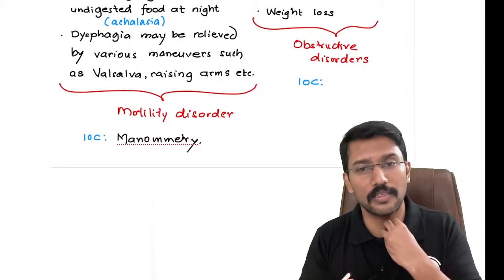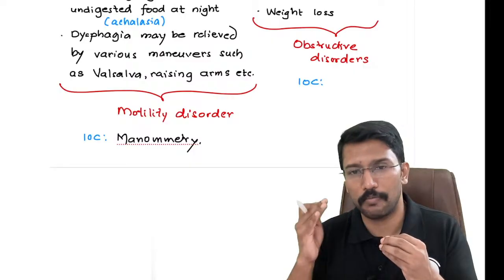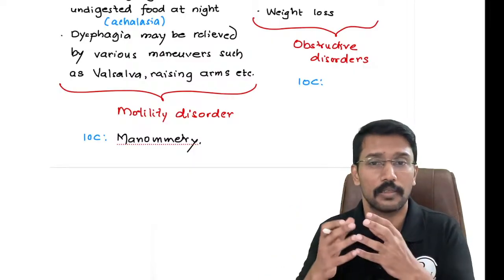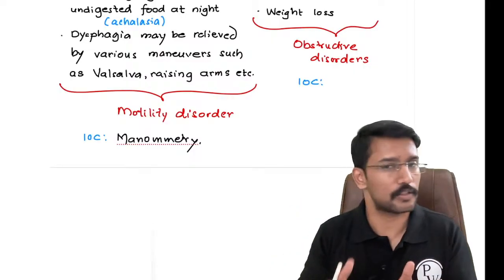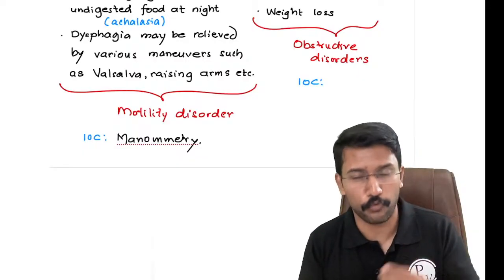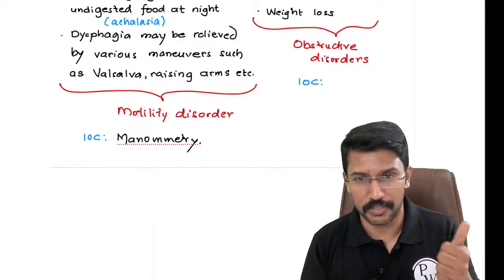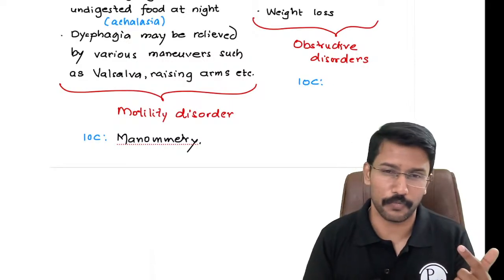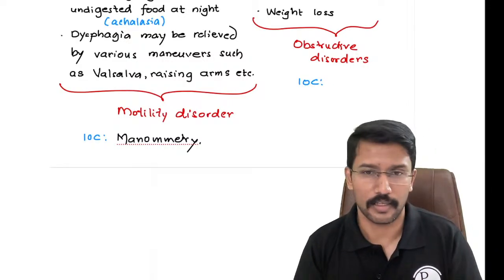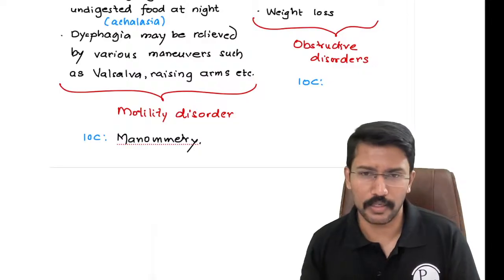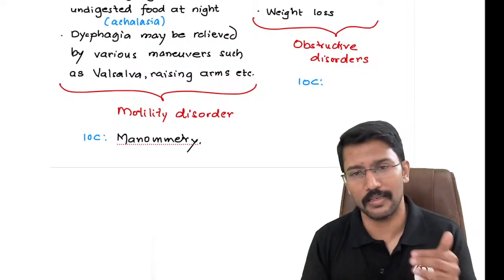And once the food reaches the upper esophageal sphincter, within how many seconds or fractions of seconds should the lower esophageal sphincter relax? These are all parameters we get from esophageal manometry, and based on that we can diagnose whether the patient has achalasia cardia, diffuse esophageal spasm, or any other motility disorders. As we go forward, you will study it in ENT, surgery as well as medicine.